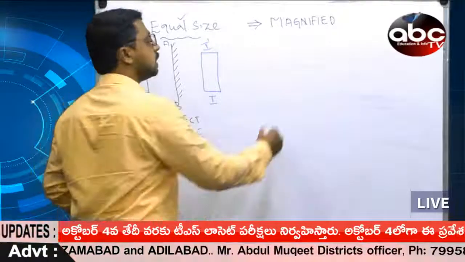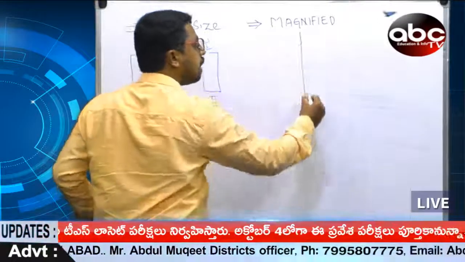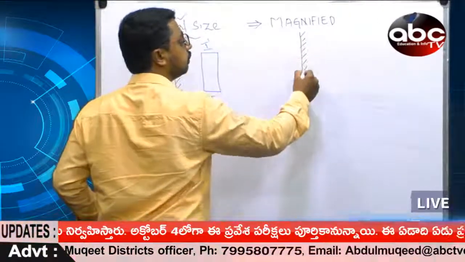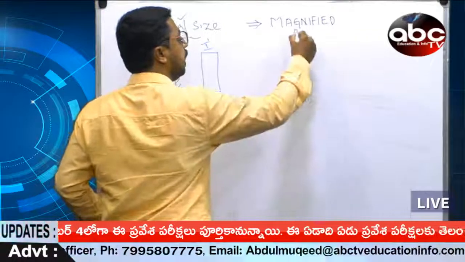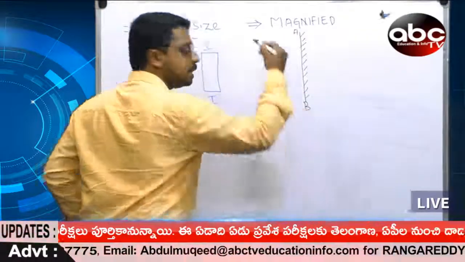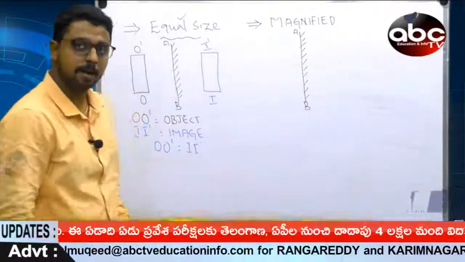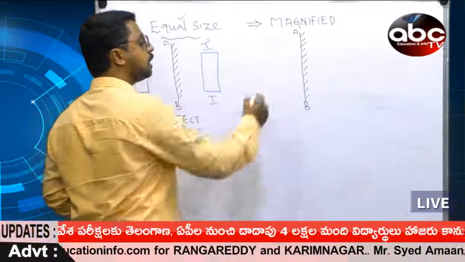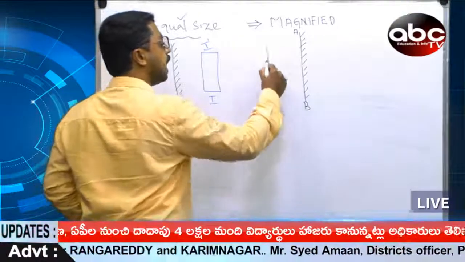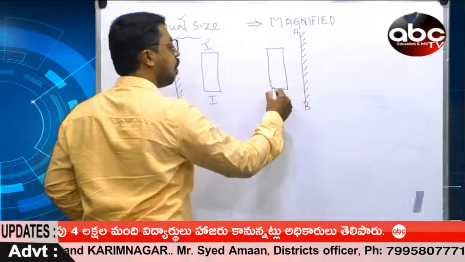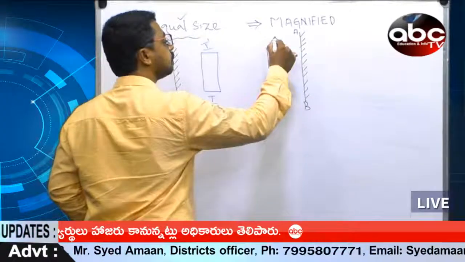Again let me take the same mirror. AB is a mirror. So what is happening to this? Let me take A. This is O dash.